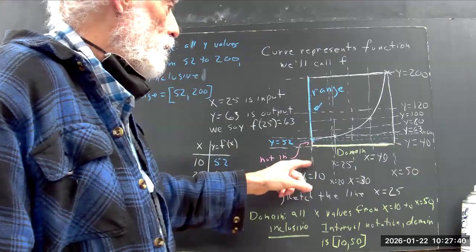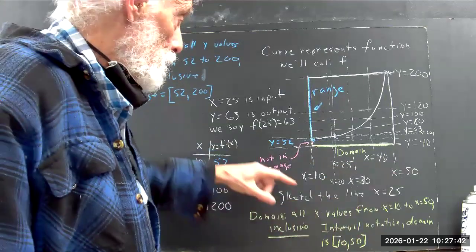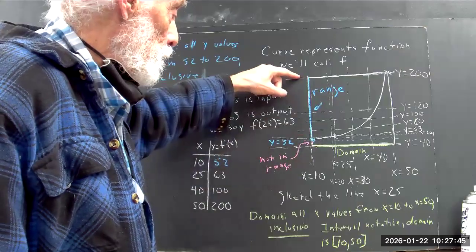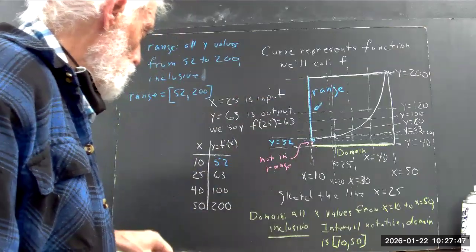Domain is all the x values from 10 to 50. The range is all the y values from 52 to 200, and both of those are inclusive.